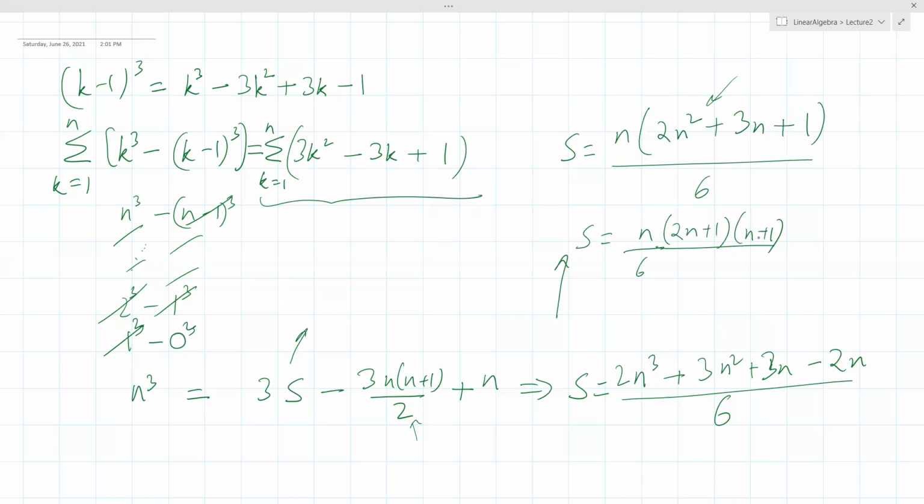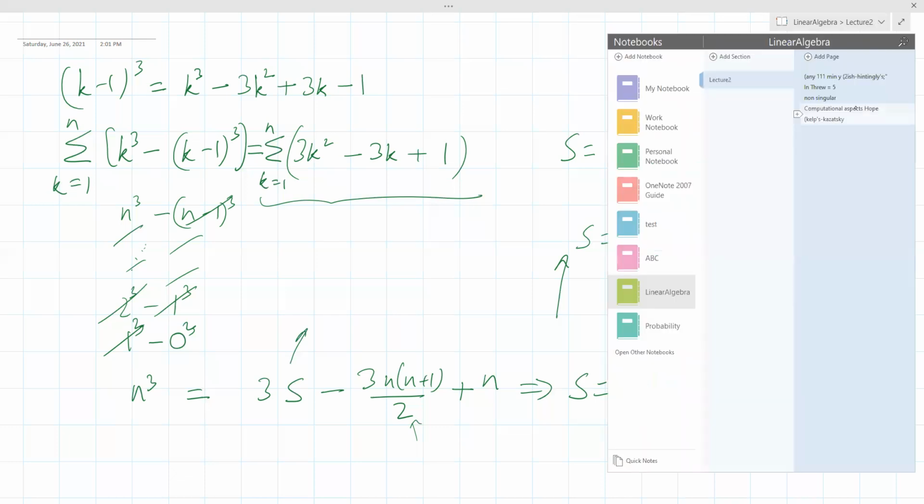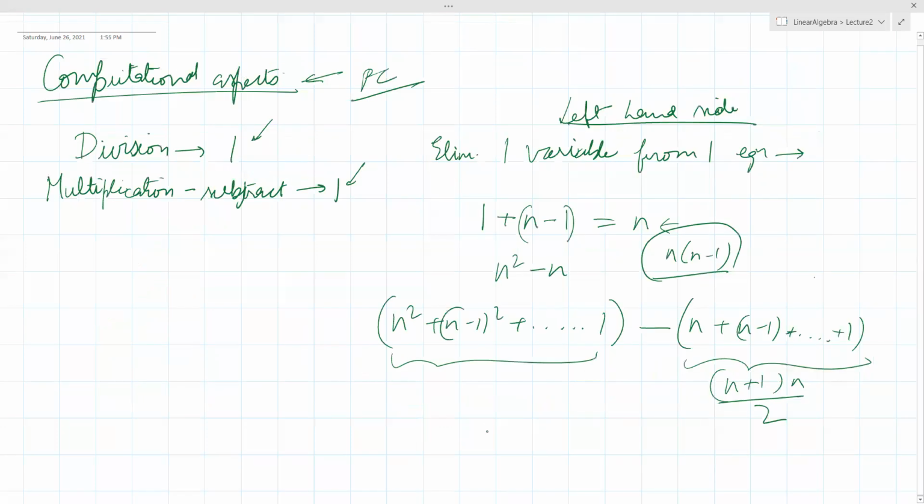So this comes out to be n into (n plus 1) into (2n plus 1) by 6.